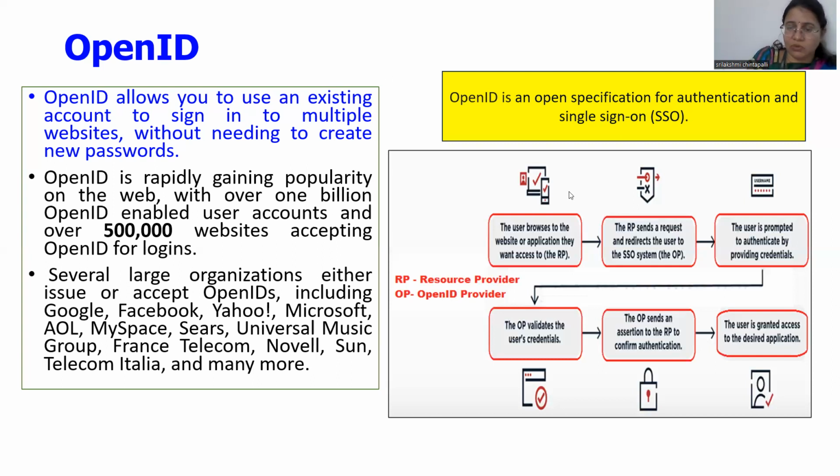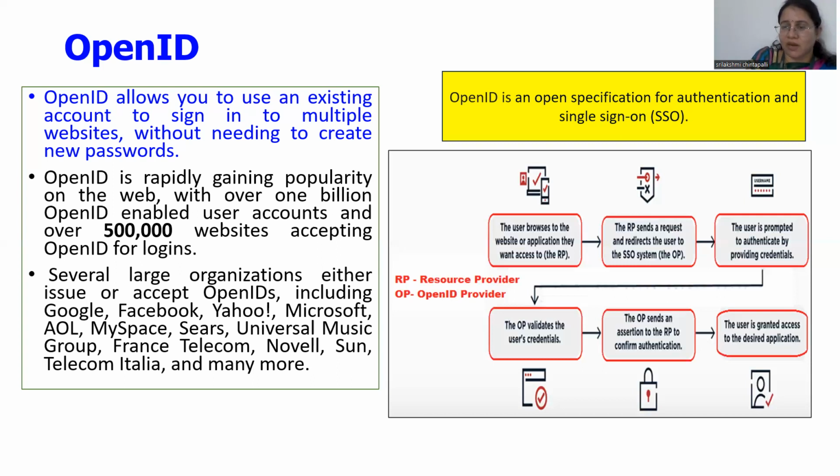So what will happen? First, the user will ask access to a particular site, any social media site. Let's imagine like that. And the resource provider will redirect the user and ask for the single sign-on. It's like a normal one account thing. So they will give their account credentials, and once the account credentials are given, the resource provider, that is the cloud provider, will give it to the OpenID provider.